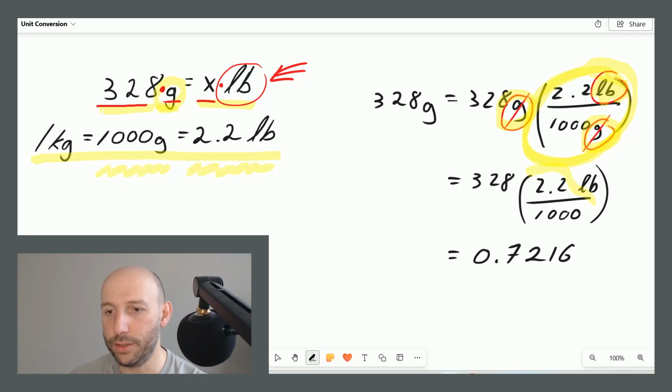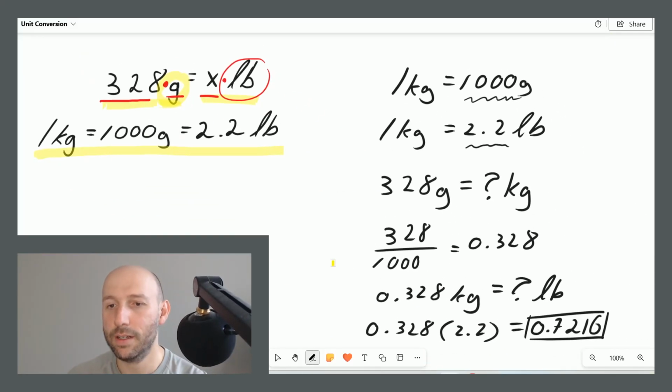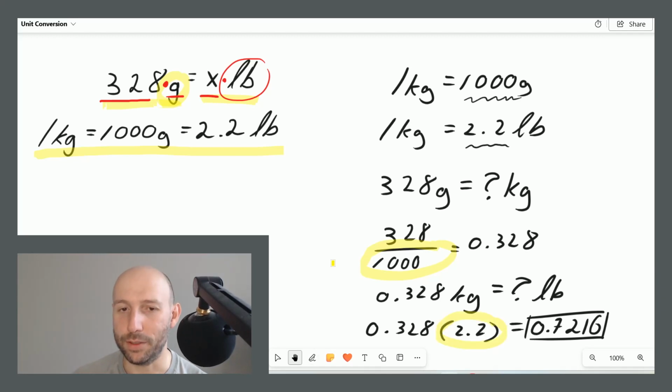The arithmetic is the same. It's just a different way of thinking about it. And whatever way you find easier to think about it, go ahead.